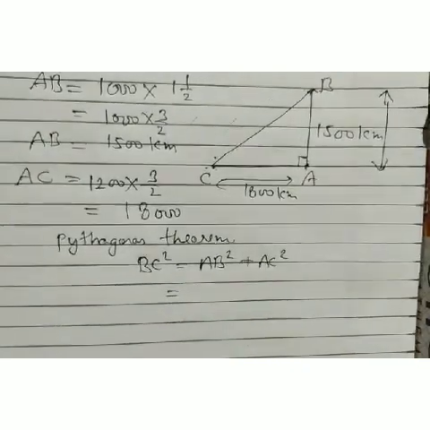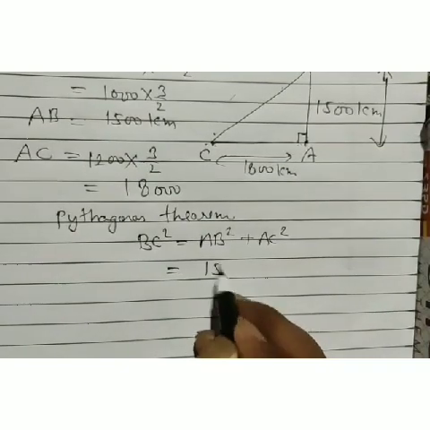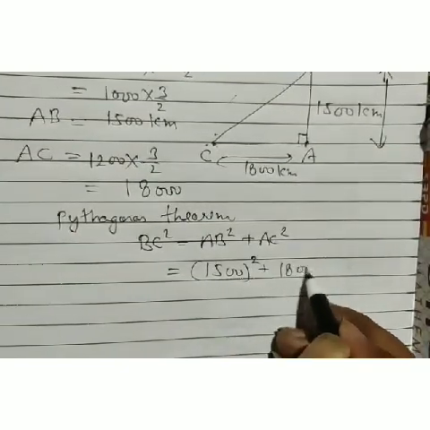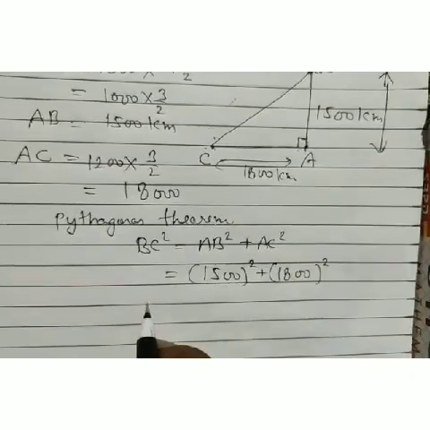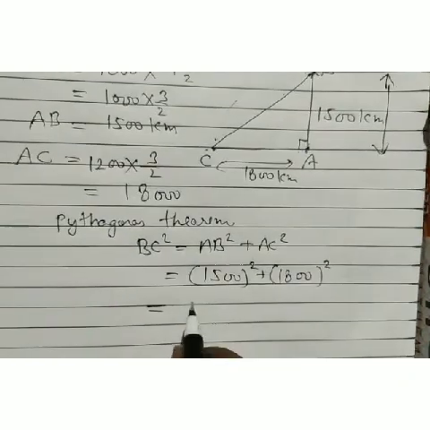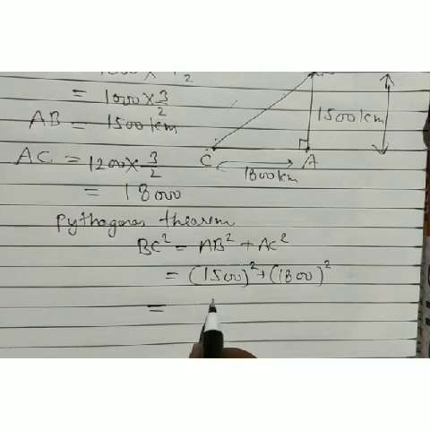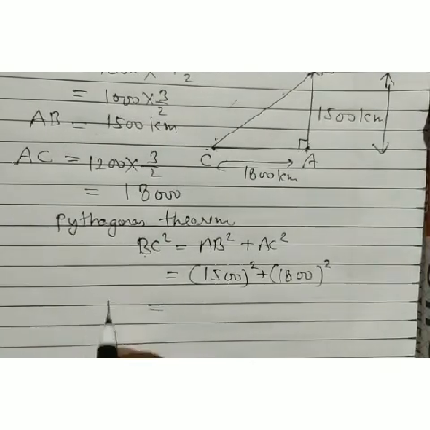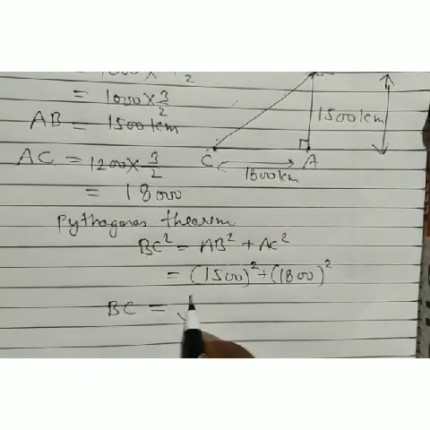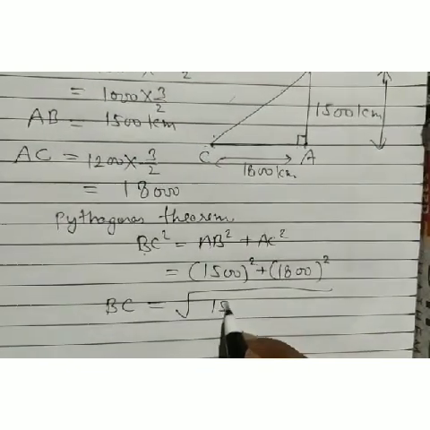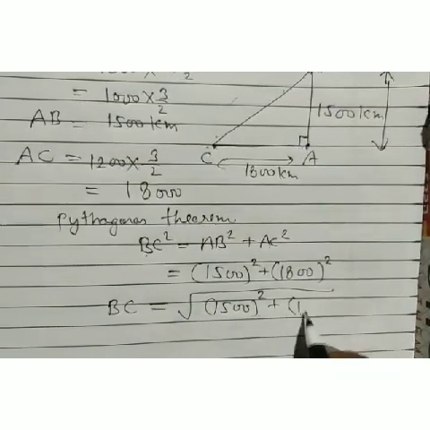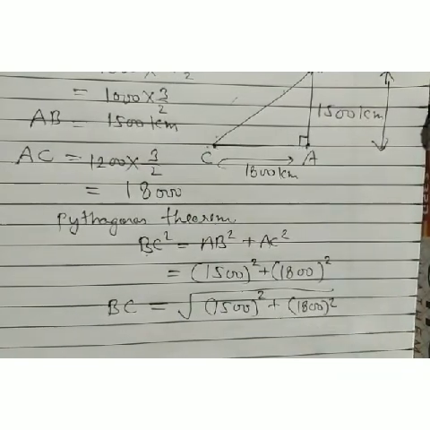We have the values of AB and AC, so we put 1500 square plus 1800 square. Our BC is given by the square root of 1500 square plus 1800 square.